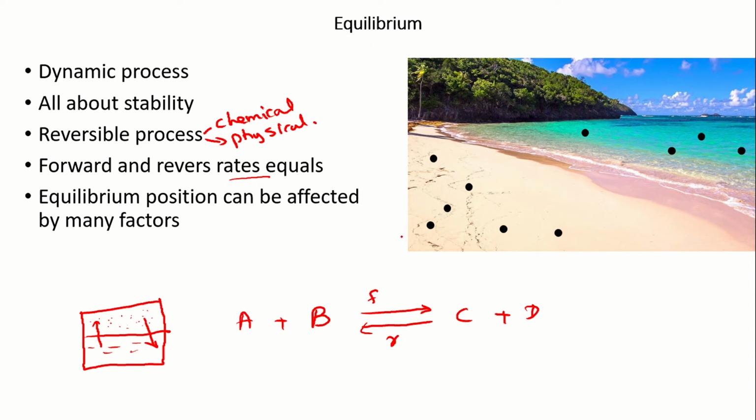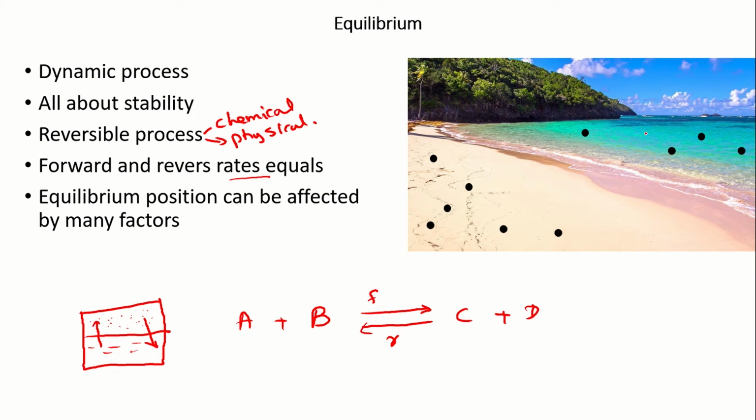Now, defining this equilibrium for a system, sometimes people get confused with this position of equilibrium. The position of equilibrium can be anywhere within this reaction. Now, let's take a simple example. On a warm day, let's say you have very warm sand and nice comfortable water.